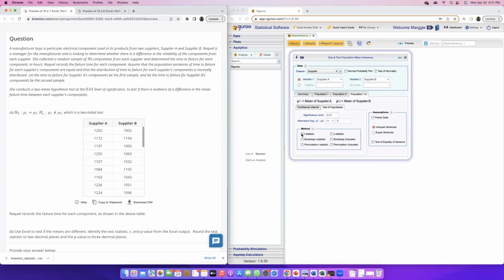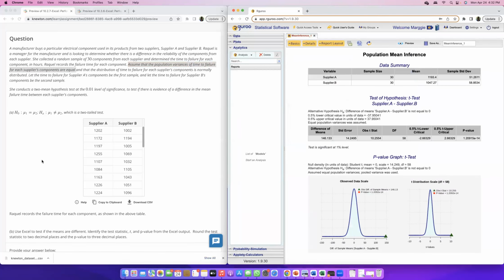Because we don't know the standard deviation of the population, our method is going to be a t-test. Everything's in here. It says here, assume that the population variances of time to failure for each supplier are equal. So because we have that information, we are going to change this to equal variances. And then we click on the I and we have our response.